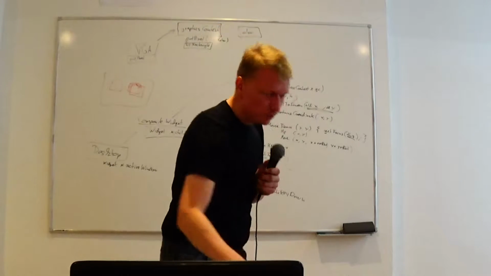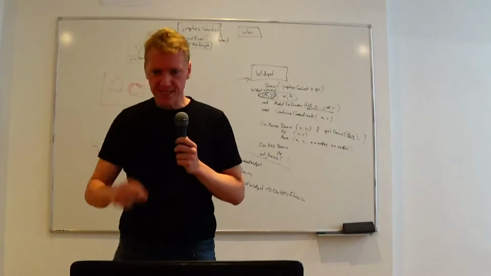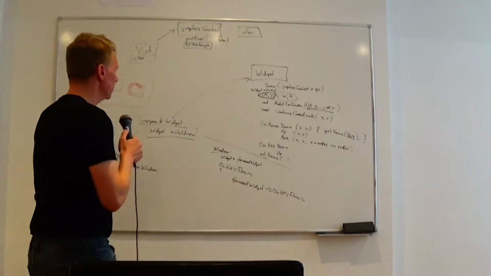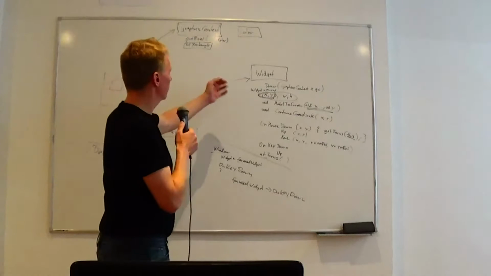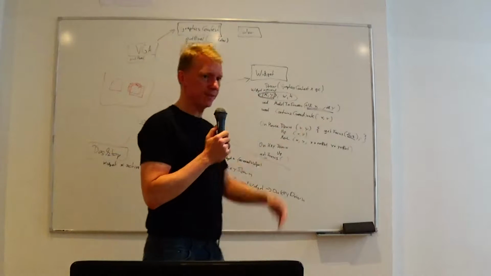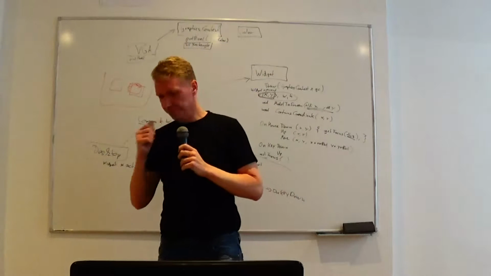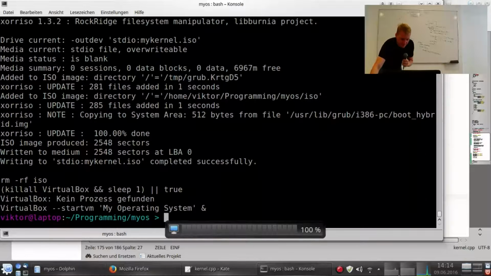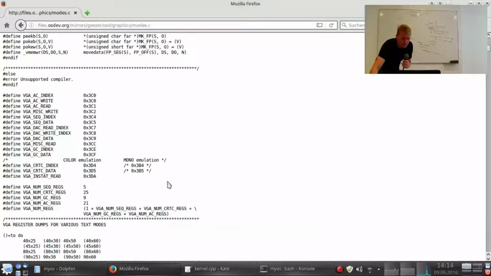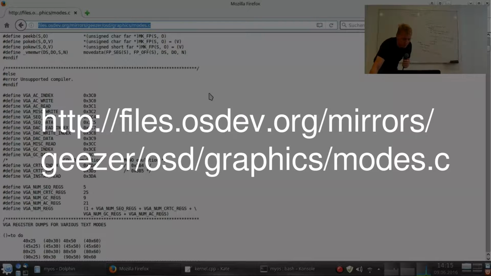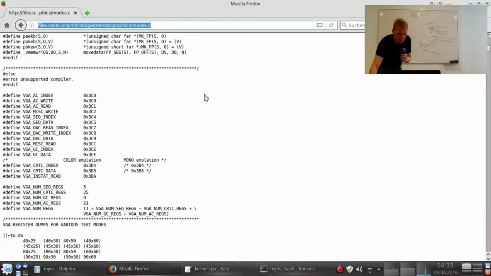One last thing I want to mention. You probably want to be able to render text, to write something on the screen. In the last video, I showed you this file with the graphics modes. No, it wasn't the last video, it was video 12.